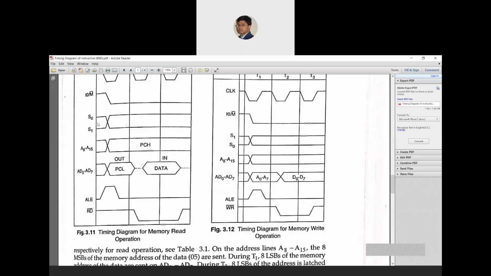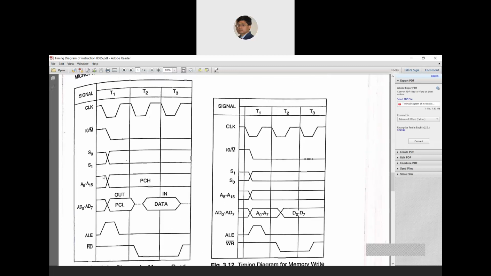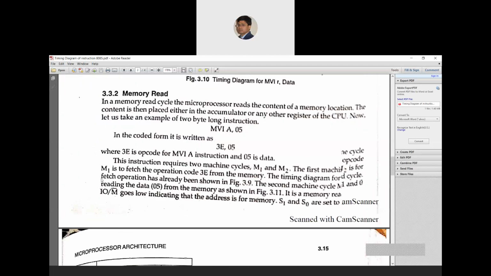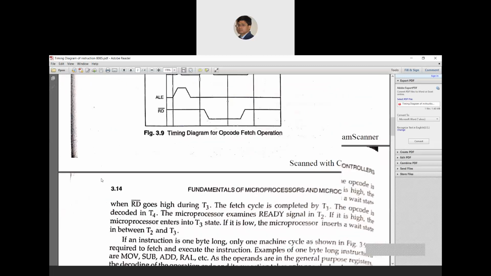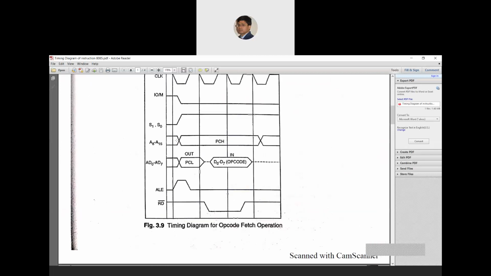Next, similar to the previous one, there is also the A8 to A15 signal. So this is actually PCH. For your PCH, you can see that this initial portion is always there. It is also there in the opcode fetch operation.